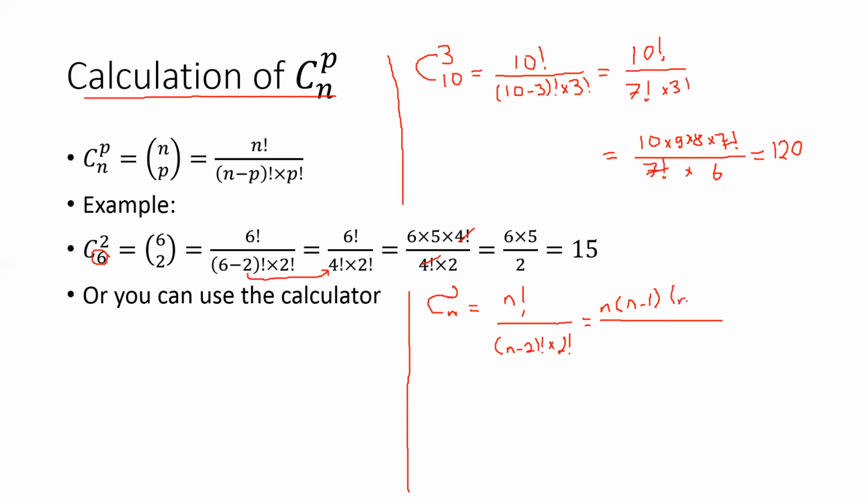The n minus 2 factorial cancels. 2 factorial is 2. We get n times n minus 1 over 2, which is n squared minus n over 2.